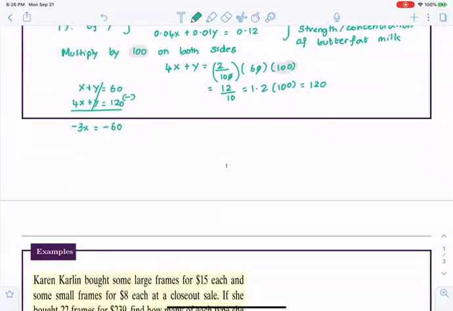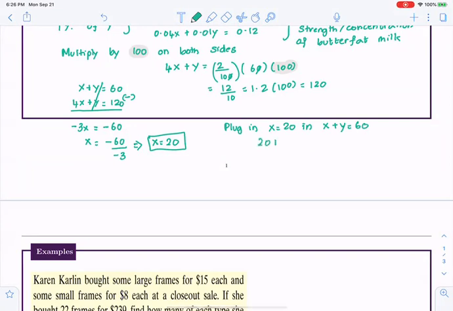So divide by minus 3 on both sides, negative 60 over negative 3, which would imply x is 20. Now that we found x, all we have to do is plug x equals 20 into one of the two equations. Doesn't matter which one, so I'm going to pick x plus y equals 60.